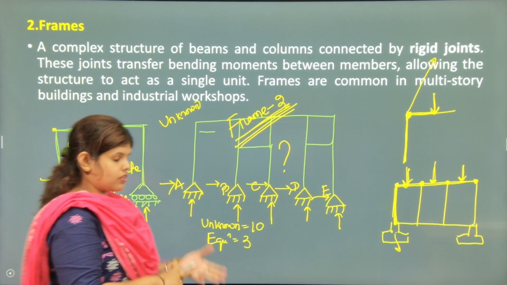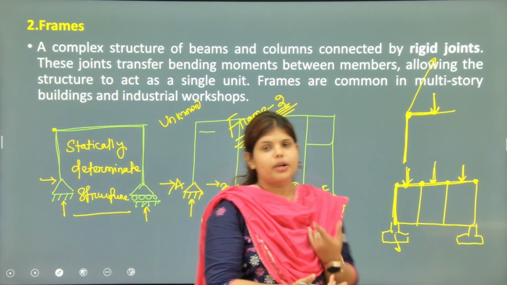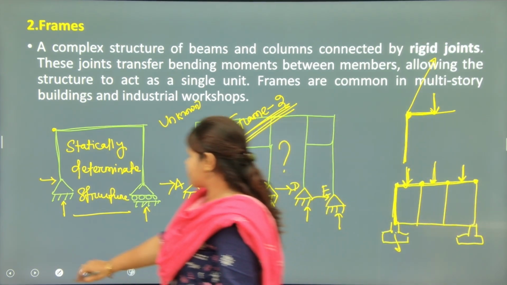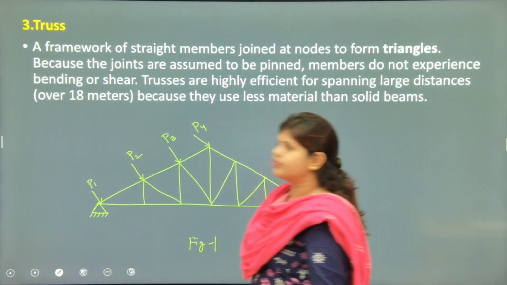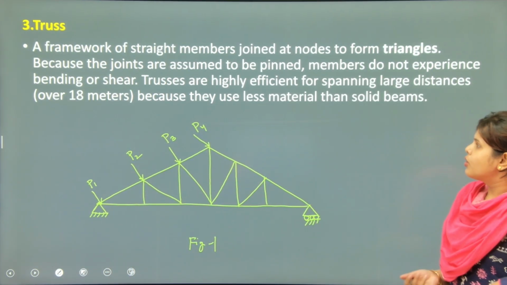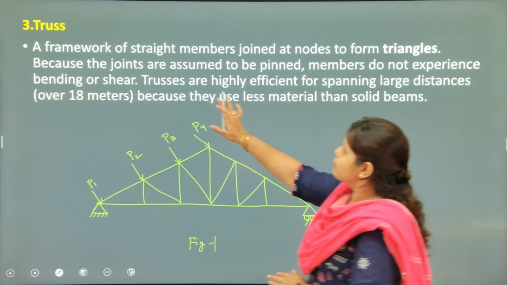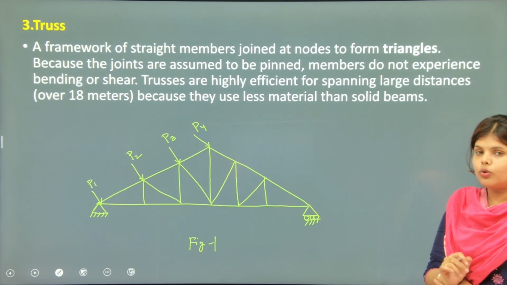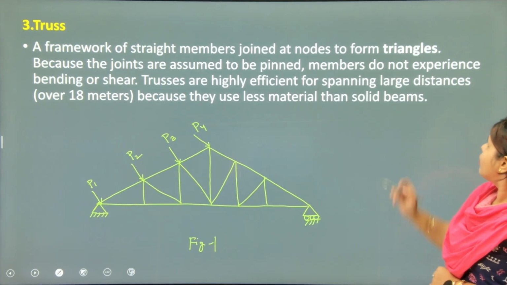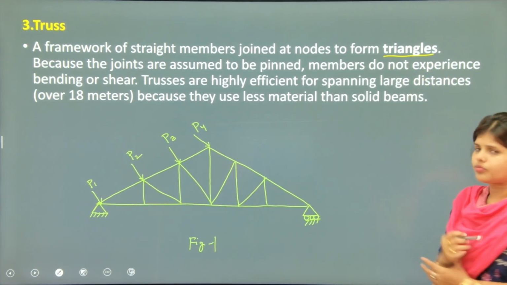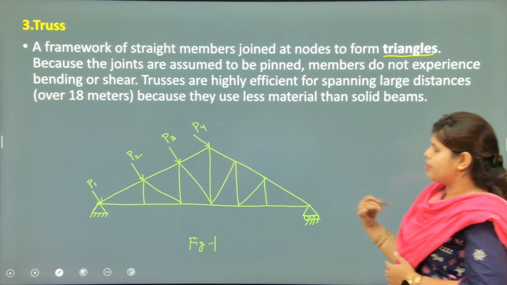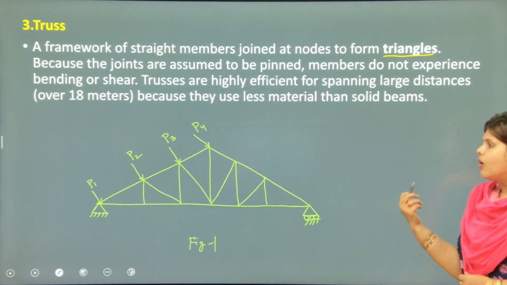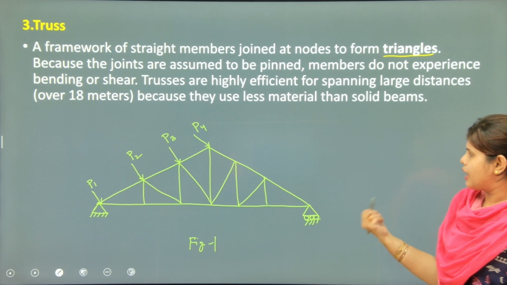We have discussed beam. We have discussed frame. Now we will go for another kind of structure, that is truss. A truss is a framework of straight members joined at nodes to form triangles. Generally, we have truss in bridges, railway bridges, or national highway bridges.